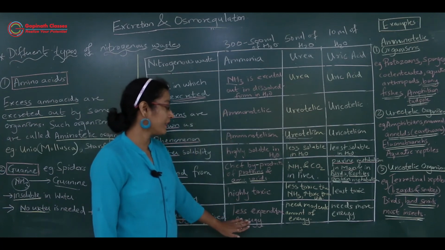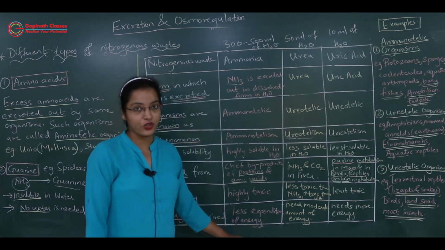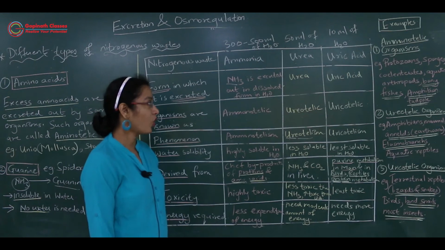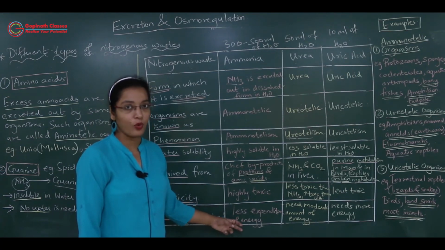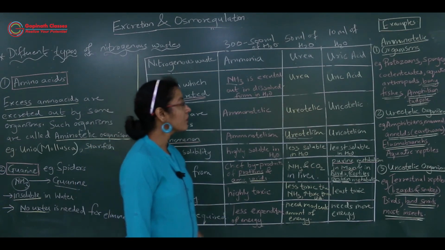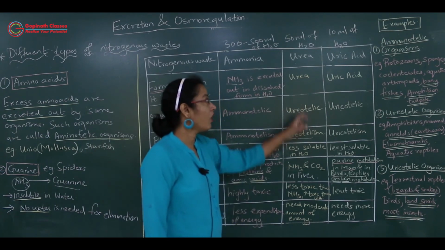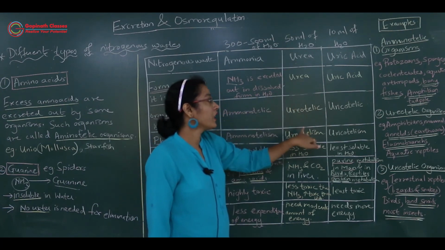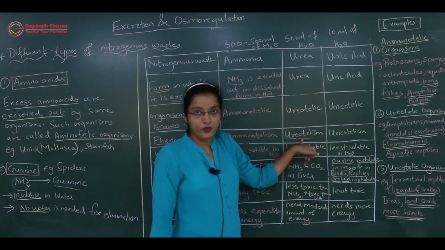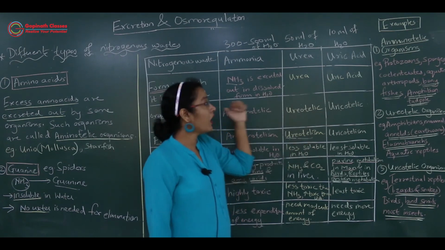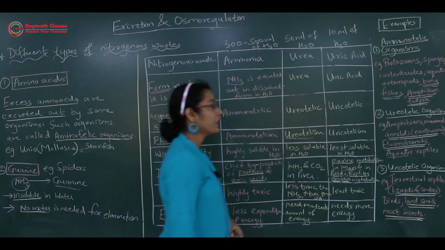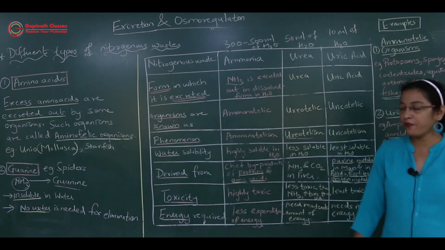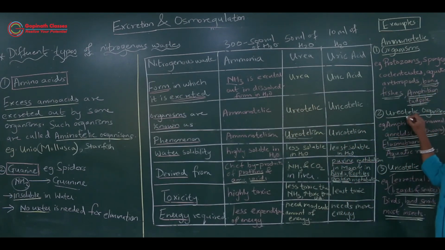Ammonotelic organisms need very less amount of energy for elimination of nitrogenous waste in the form of ammonia. Got it? So that is about ureotelic organisms. Okay. Now let's see which are the different organisms in which ureotelism is seen.